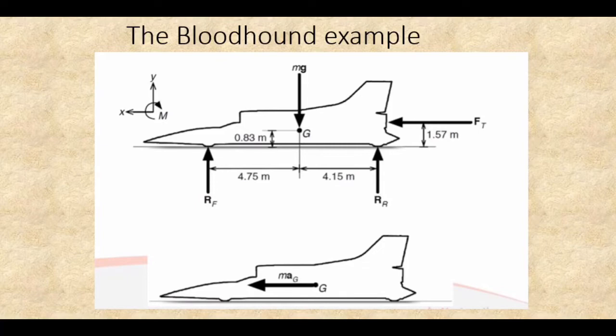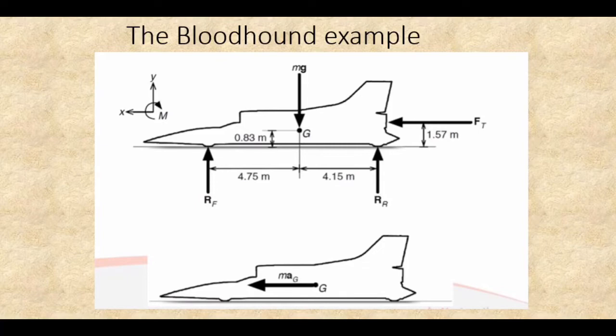Step 2 involves isolating the vehicle from its surroundings, so we're going to draw just the outline of this car and ignore anything outside of it. Step 3, we have to mark the applied forces and the reaction loadings, and unlike particle problems, these forces are applied at their actual location, and this is not necessarily the mass center, and it can be somewhere else on this object.